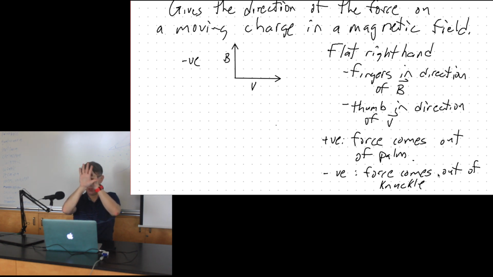We write a vector going into the page as an x, so we draw a little circle and put an x there. That's the force. If it was a positive charge in the same situation, the force would be out of the page. And of course, the way you write a vector into the page is with an x, the feathers of an arrow, and the dot is the pointy end of an arrow, which means out of the page.